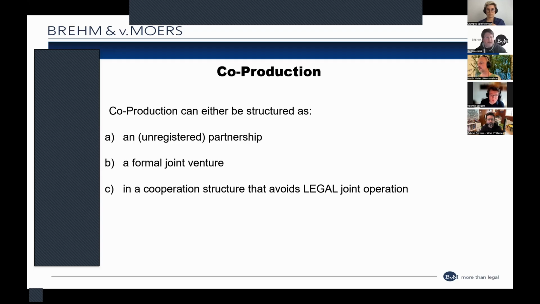And that's what I already started to talk about. It's taxation, because once we have a partnership or a formal joint venture, we will have to face taxation issues in both countries, and also where the joint venture obviously is based. And the only way to avoid that is to avoid a legal joint operation. And I will try to show you how that can be achieved, but it's a dance on razor's edge.